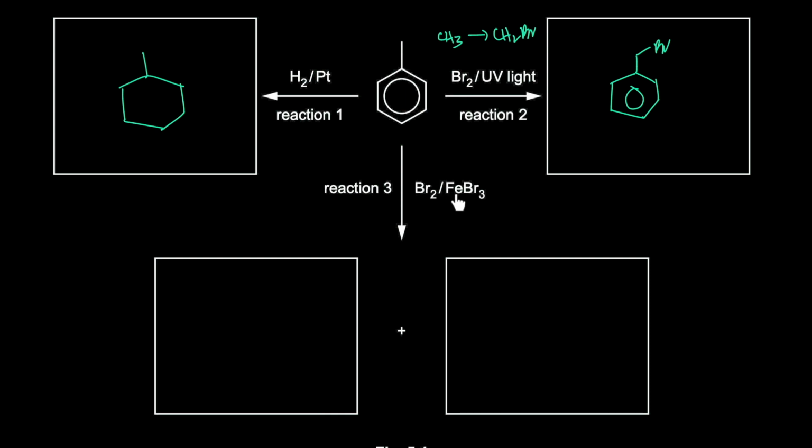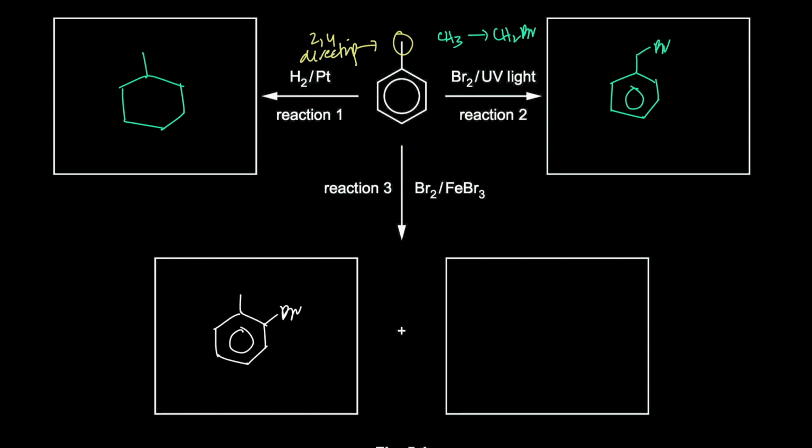And then reaction 3, we have electrophilic substitution. Methyl benzene is reacting with bromine in the presence of FeBr3 catalyst. We get 2 different products because the methyl group is 2,4 directing. So we get a bromine on carbon number 2.